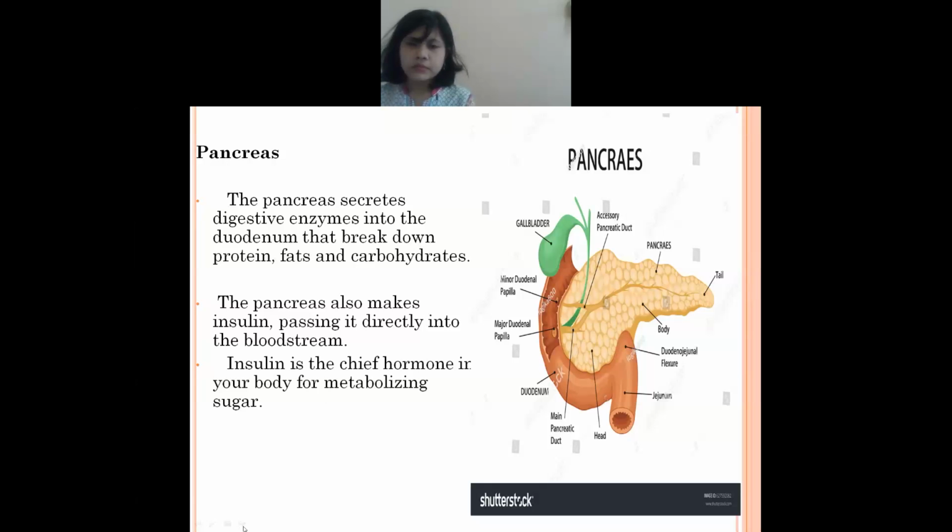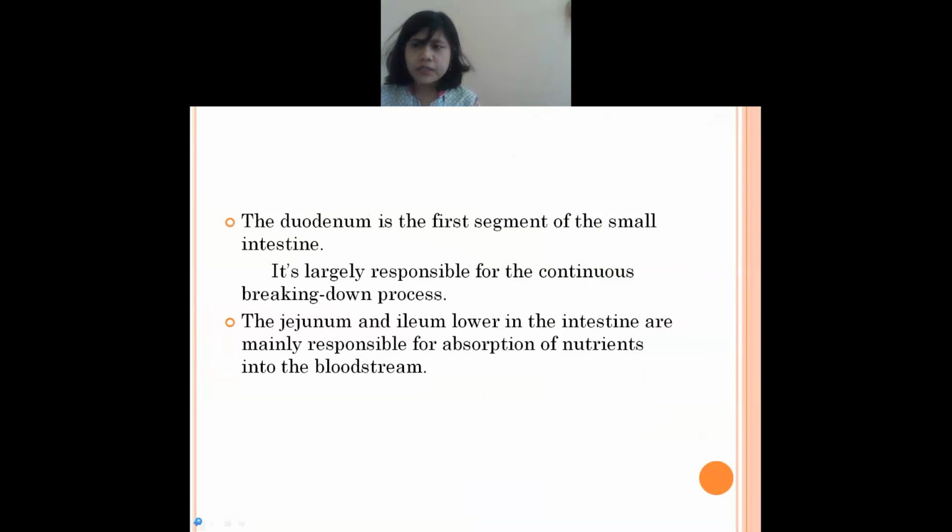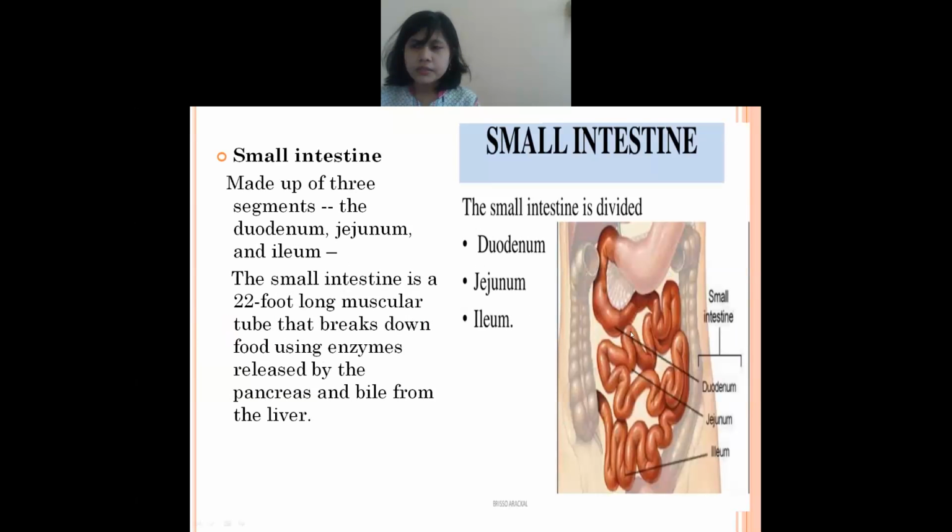Okay, so did you understand about pancreas? Yes, ma'am. Ma'am, can you explain again? Okay, pancreas. You can see that the pancreas secretes digestive enzyme, and those digestive enzymes will go into the duodenum, which you will find in the small intestine.